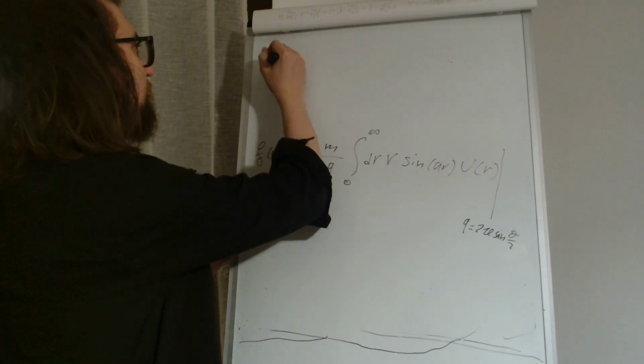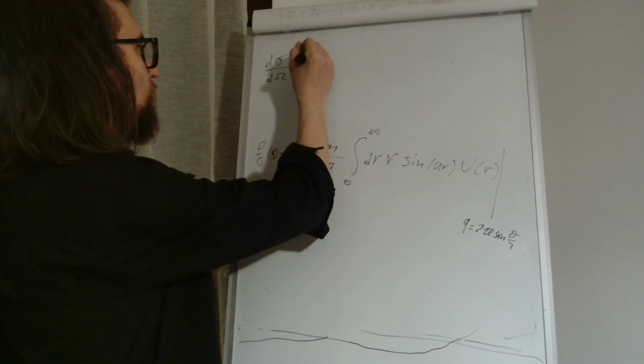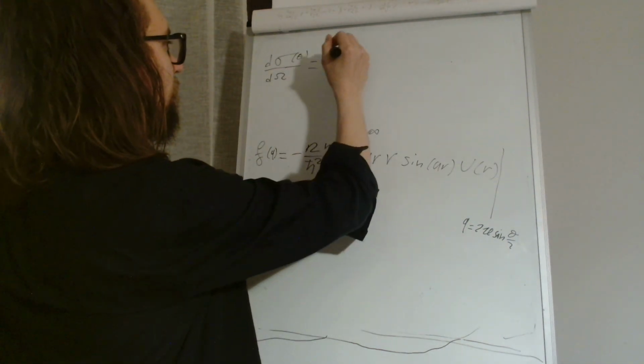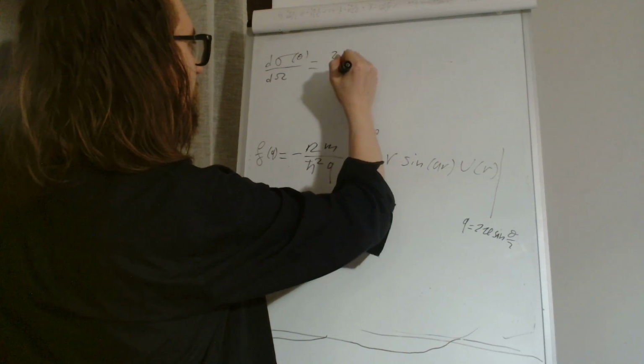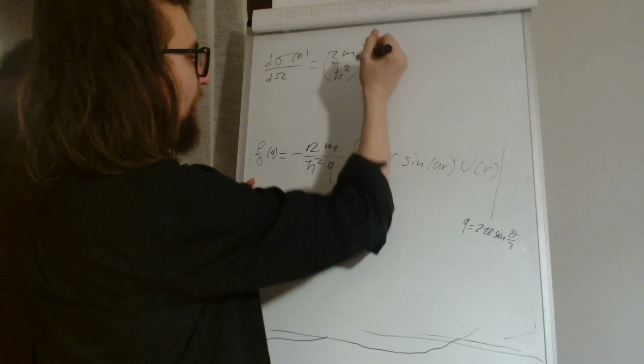So the scattering amplitude, which is this squared, is 2m divided by h bar, and now we simply square everything.